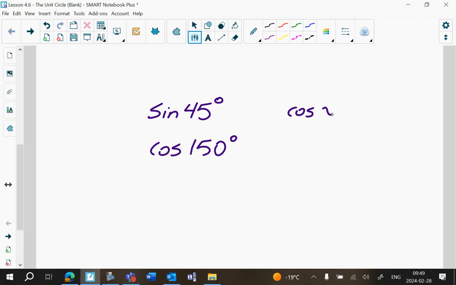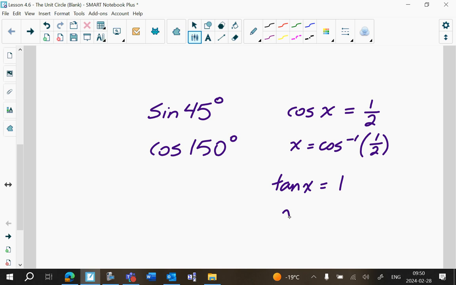If I gave you an equation, say that the cosine of some angle x, or you call it theta, is equal to 1/2, well, you would find the angle x by doing the inverse cos. If I told you that the tan of x was 1, you would find x by taking the tan inverse of 1.